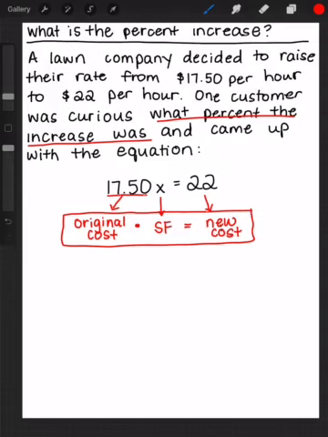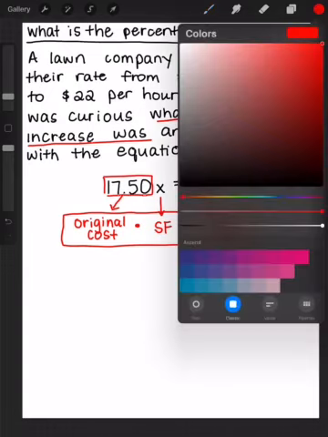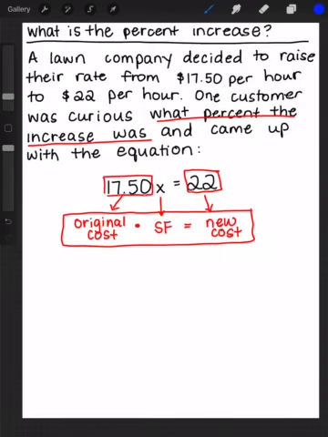We have a couple of important things to notice about this equation. First, our original is smaller than our new cost, which means that scale factor has to be greater than 1. If it's getting larger from your original to your new, your scale factor is greater than 1.